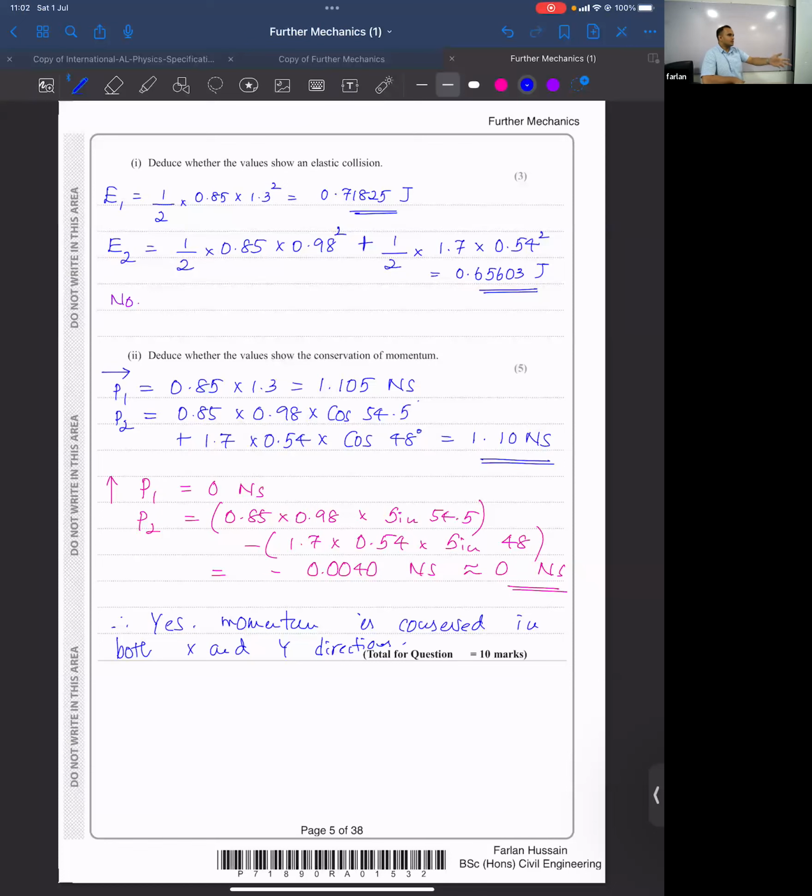Kilogram meters per second or Newton seconds, both are correct. Right, any questions, anyone?